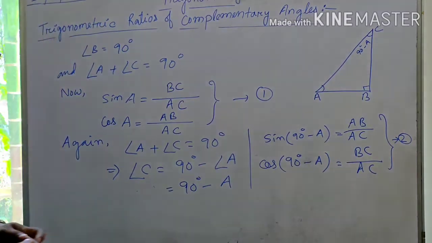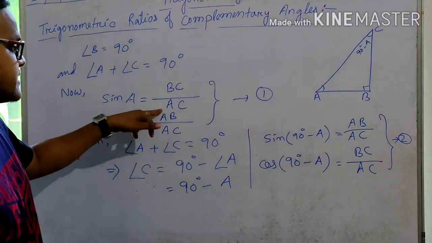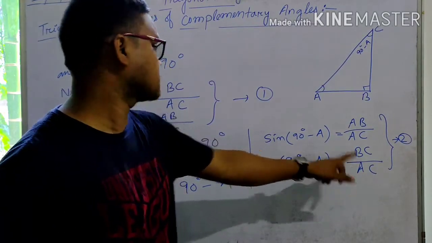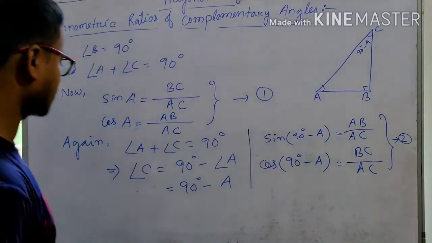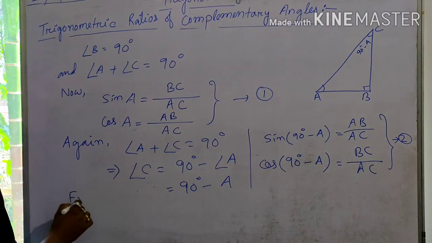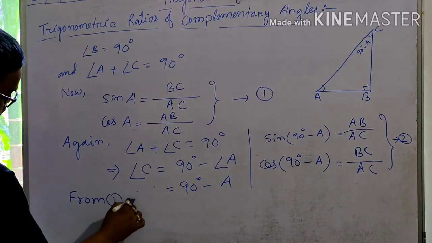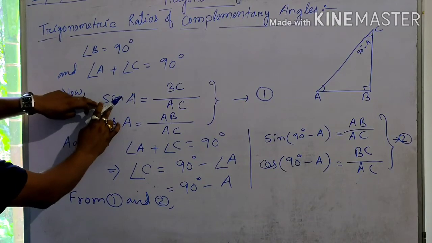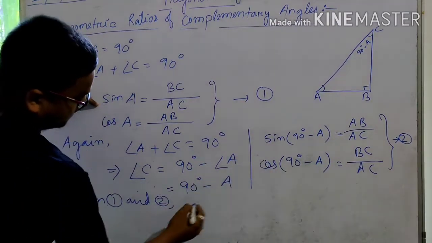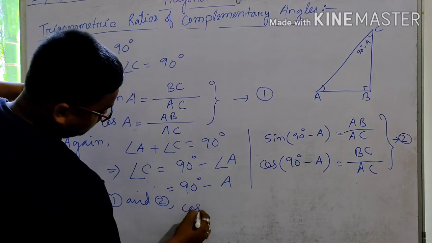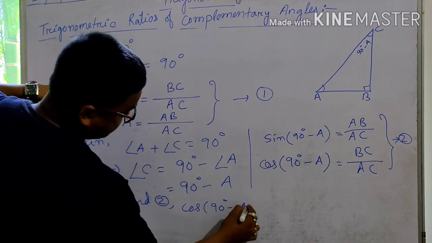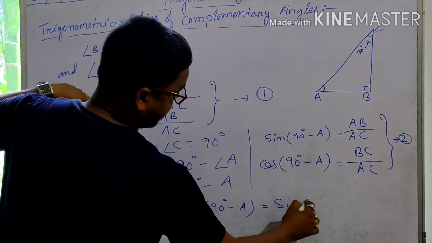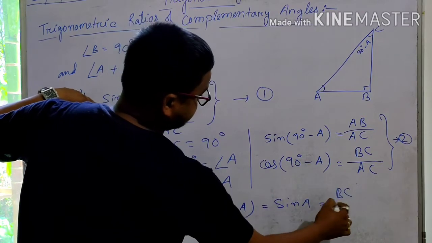Now you compare with 1. Sin A is equal to BC by AC, and cos of 90 minus A is also equal to BC by AC. These two are the same. So from 1 and 2, cos of 90 degrees minus A is equal to sin A, and both equal BC by AC.